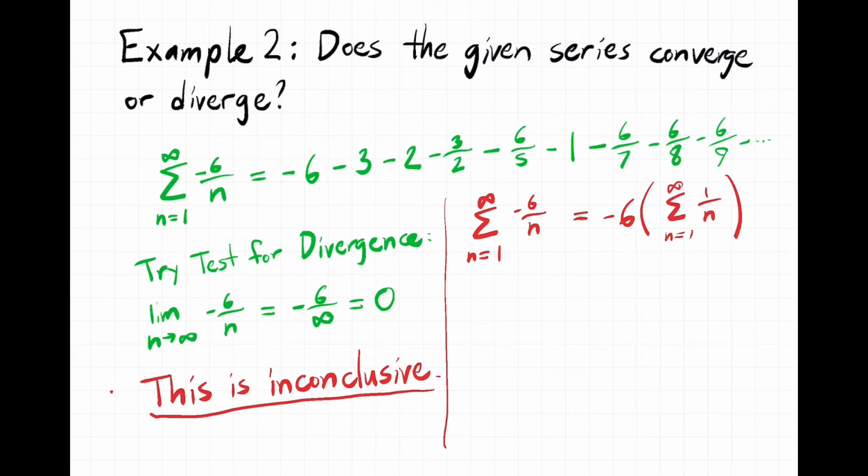You can factor that copy of negative 6 out of a finite sum. You can also factor that negative 6 out of an infinite sum. But this series here, we recognize. We've already studied this very, very famous series, the sum as n goes from 1 to infinity of 1 over n. That is the harmonic series, which we already know diverges.